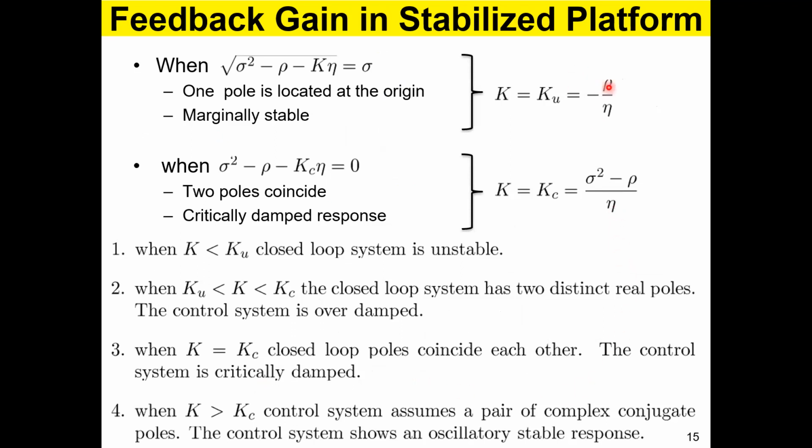So you can calculate, if you know eta and rho, right, and sigma, you can calculate what is the ultimate gain, what is the critical gain. So when K is less than ultimate gain, closed loop system is unstable. So when you reduce K, you also saw this earlier, system becomes unstable.